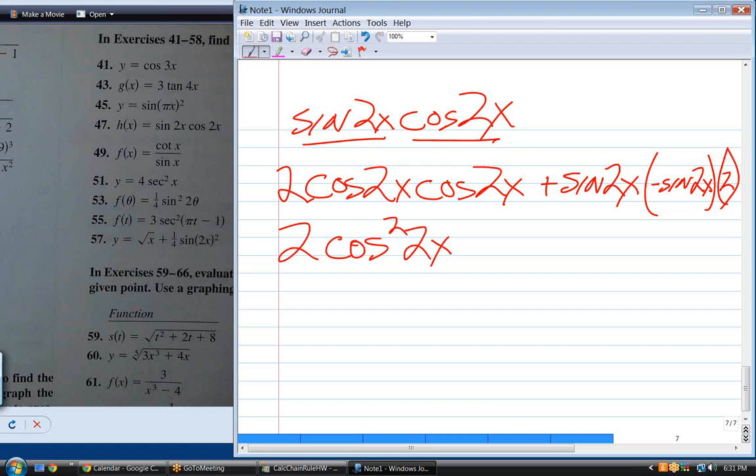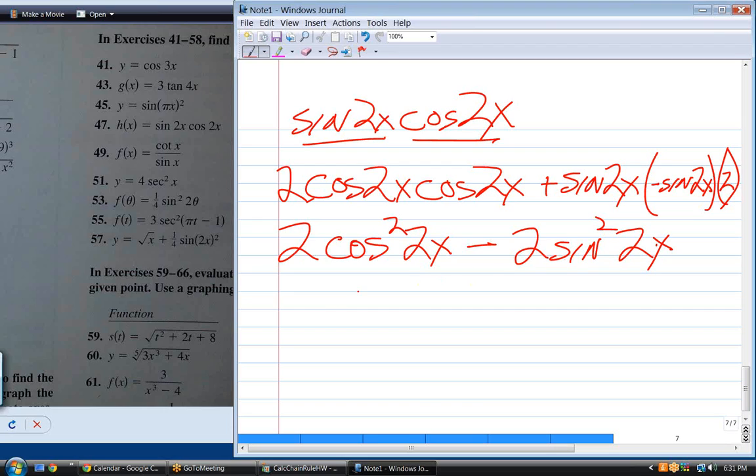There's a difference. Okay. Plus what? Or actually, minus, it becomes minus, doesn't it? Too bad. If it was plus, we were going to be able to take a 1 out. But okay, so minus what? 2 sine squared 2x. Good.